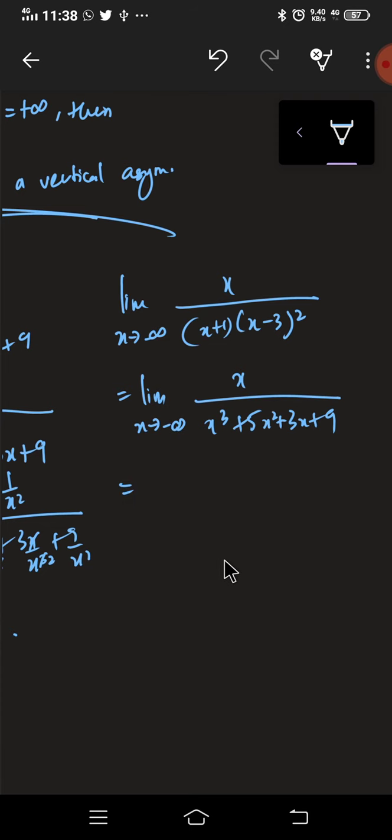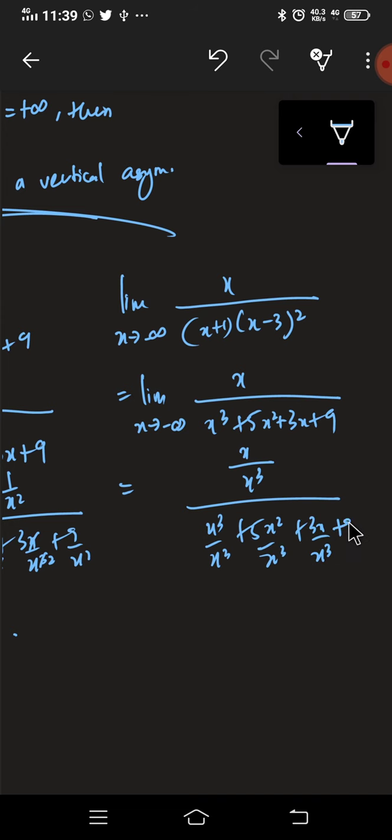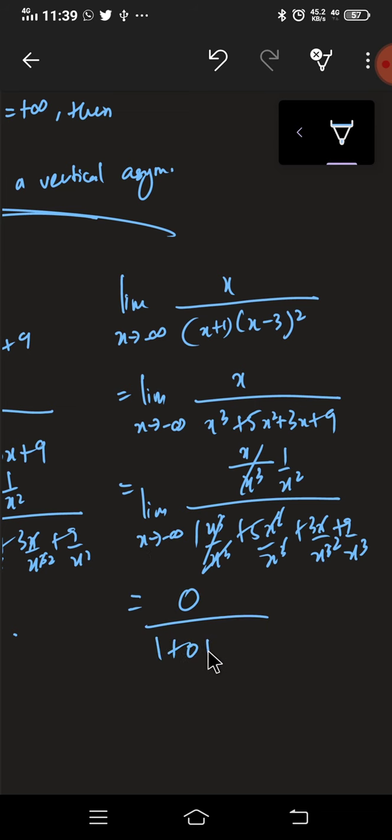The same as before, we have to divide everything with x³. So x over x³, over x³ over x³ minus 5x² over x³ plus 3x over x³ plus 9 over x³. This is equal to 1 over x², this is 1, this is 1 over x, and this is 1 over x². If we substitute x equal to negative infinity, we still get 0 over 1 plus 0 plus 0 plus 0. So the answer is still 0.